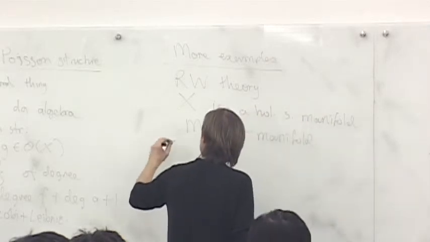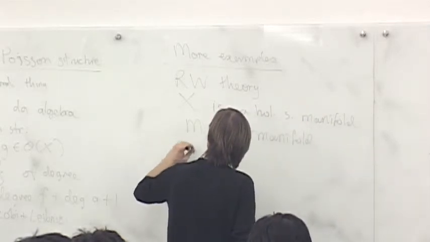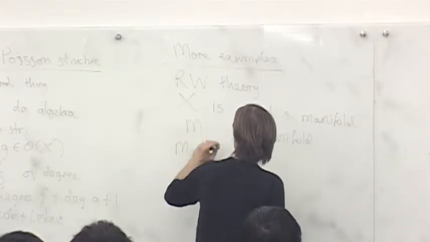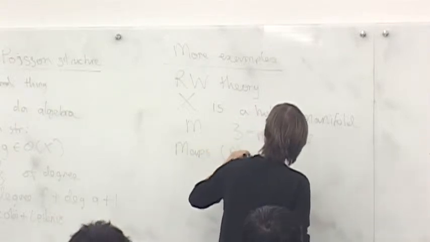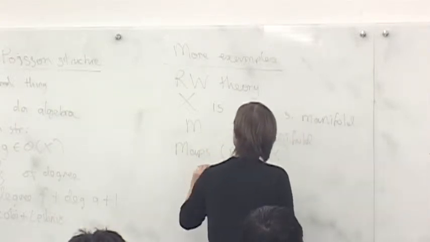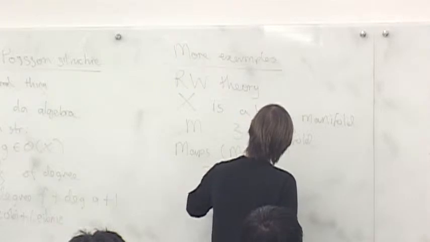We can consider the space of maps from M to X. I'll use this notation. This is the space of locally constant maps.